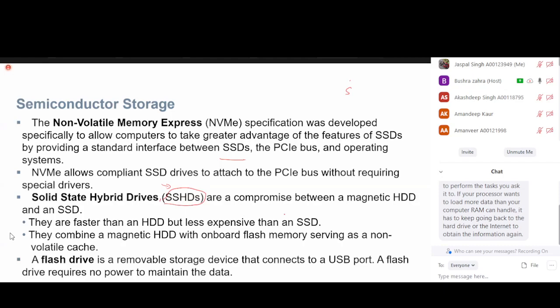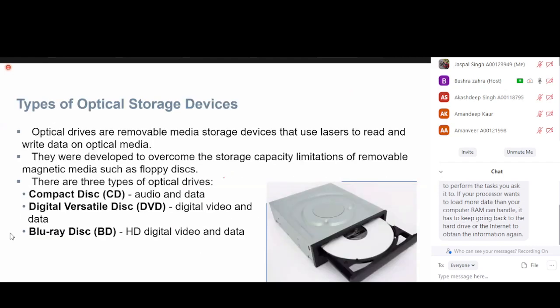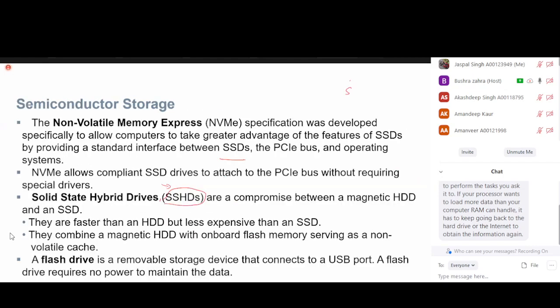It is basically a compromise between a magnetic HDD and an SSD. They are faster than an HDD, but less expensive than an SSD, and combine a magnetic HDD with onboard flash memory serving as a non-volatile cache.